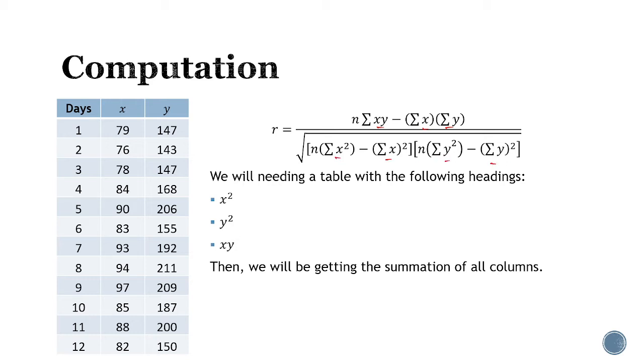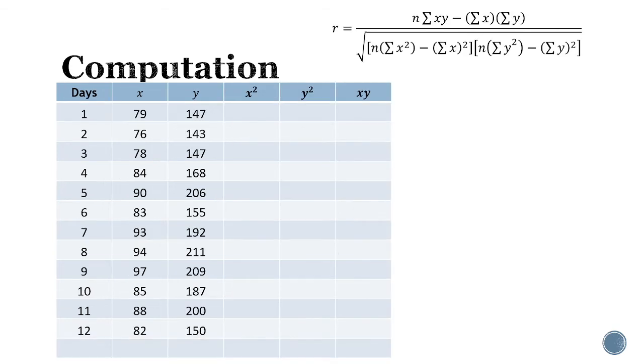So I then go ahead and constructed that graph. So we have here a table wherein we have here headings x square, y square, and x times y. So for that values, compute lang tayo. Pwede nyo gawin ay pause nyo muna yung video para ma-compute nyo yung mga yan.